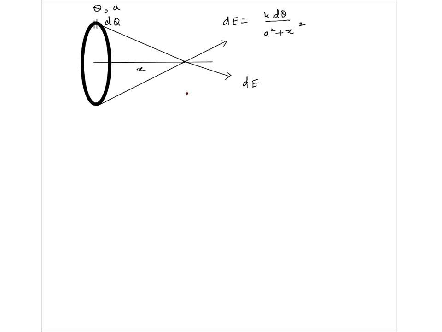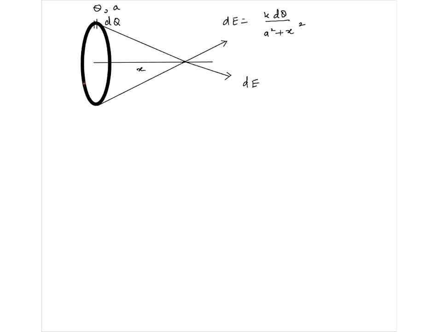Likewise, for every dq that you take on the circumference of the ring, you will find a partner, or whatever you like to call it. Let's say a pair. We'll be able to find pairs, this with that, this with that.